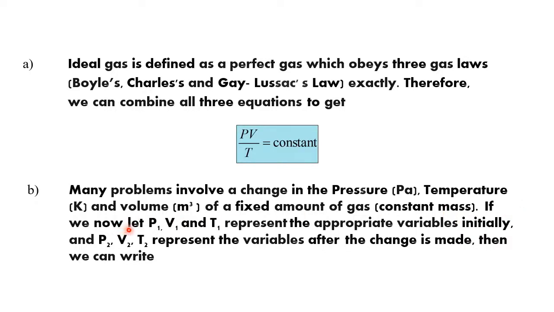If we now let P1, V1, and T1 represent the appropriate variables initially, and P2, V2, T2 represent the variables after the change is made or final, then we can write equation P1 V1 over T1 equals P2 V2 over T2.